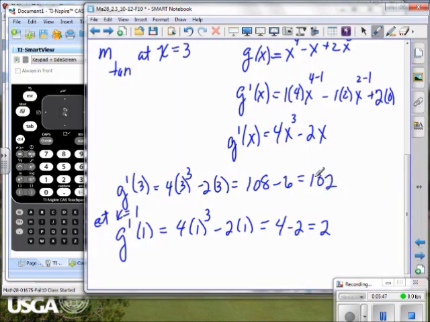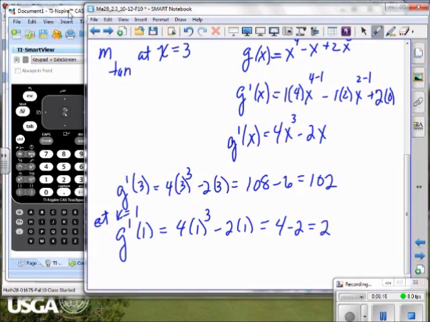Well, now we're saying that when you're already at 3, the vertical is changing 102 units for every 1 unit increase. That's what this is saying. The slope is changing that much. Down here we're saying that the outputs are only changing by 2 units for every 1 unit increase.